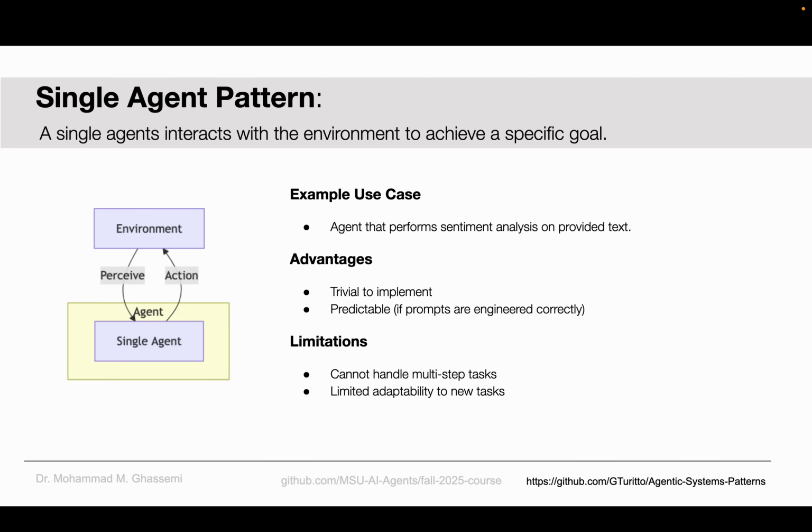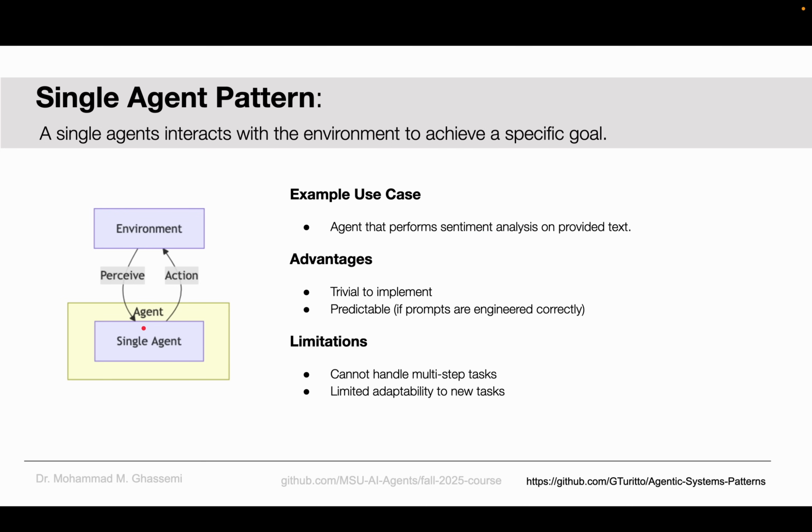This is the one you all know and love. It's the super basic interaction pattern that you have with ChatGPT when you're calling the API. You pass in an input. This could be a prompt that you have, and you specify in this agent a system prompt. It could be, for example, performing sentiment analysis on some text.